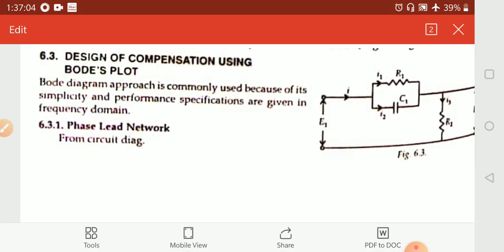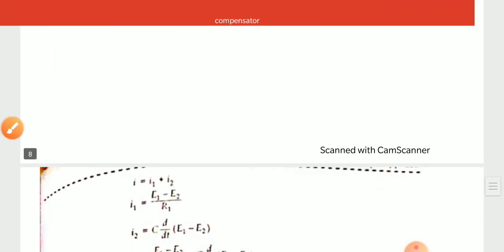And the value of I3, you can see the I3 in the branch of R2, is E2 over R2, because the voltage along this branch is E2.